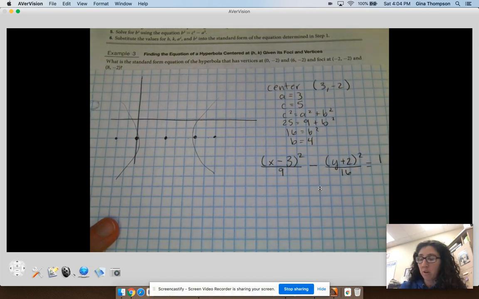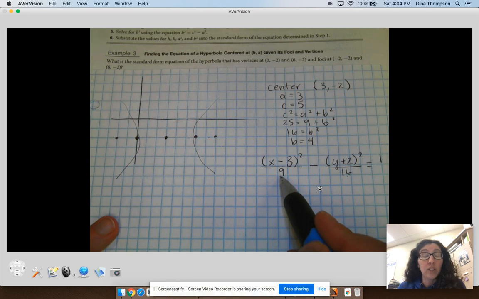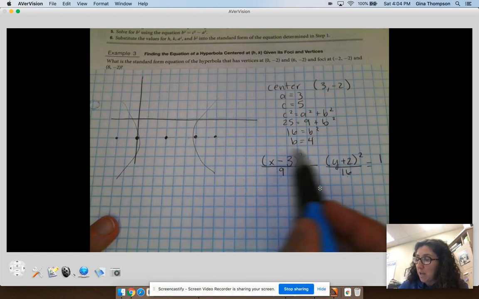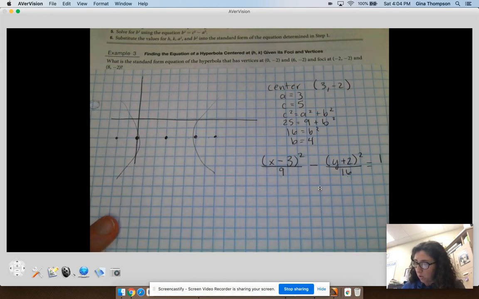And C doesn't show up anywhere. One thing I want you to notice, in this case, our B is bigger than our A, and that's fine. For ellipses, that's not fine, but for hyperbolas, that is fine. Just whatever term is the transverse axis needs to be the positive term. All right, so that's cool.